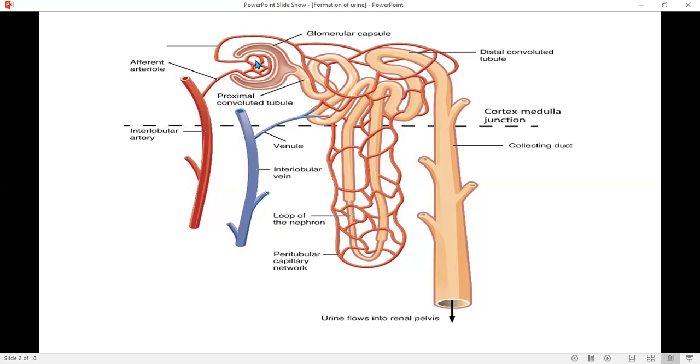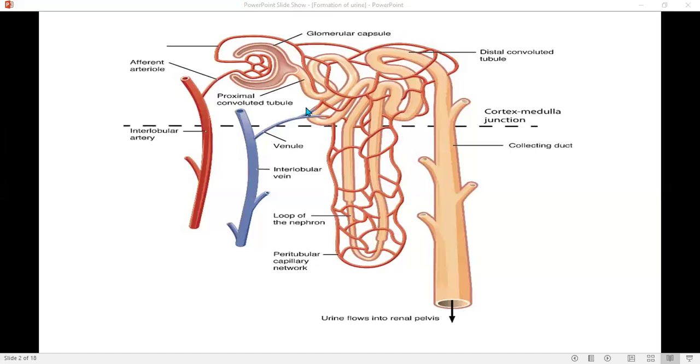Then here, it does not directly connect with the nephron tube, but it gets out, then this we call the efferent arteriole. Okay. So being the efferent arteriole, it does not go anywhere, but it surrounds the nephron tube, surrounding it for some reason.